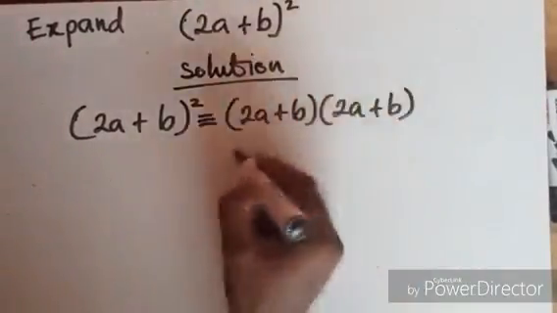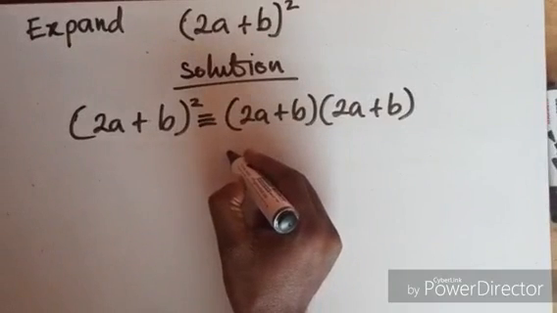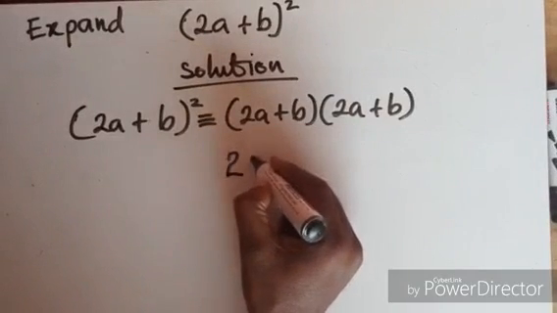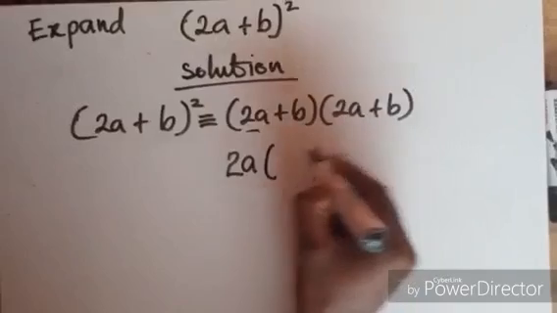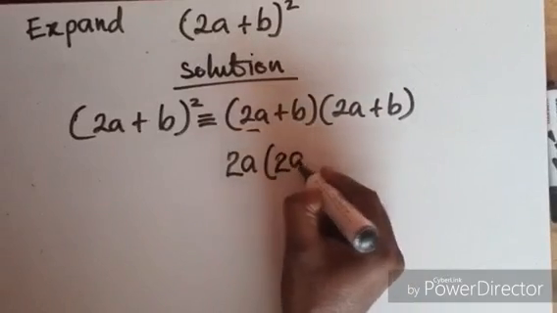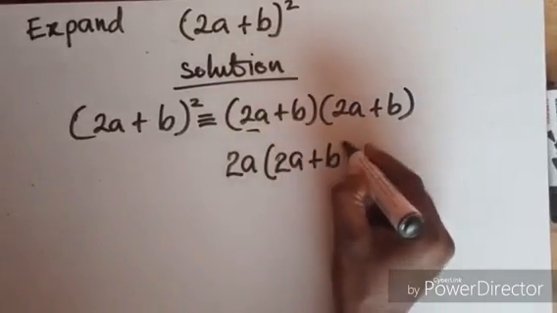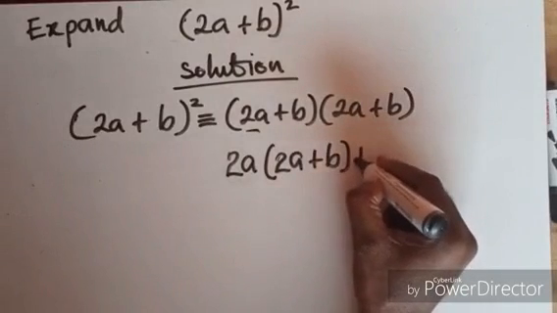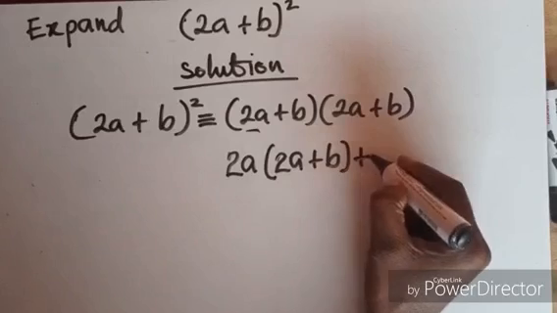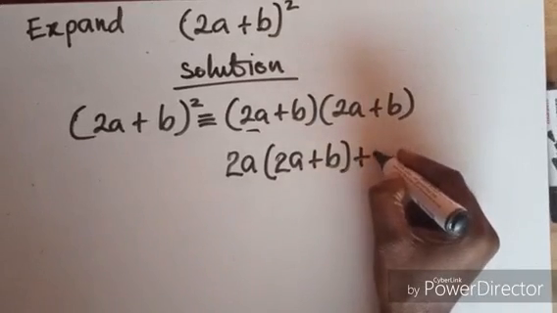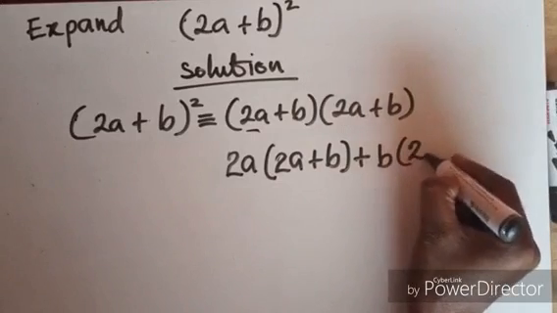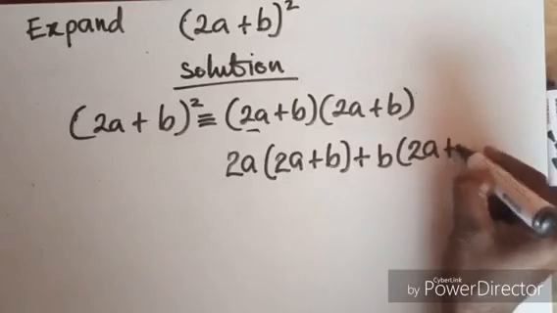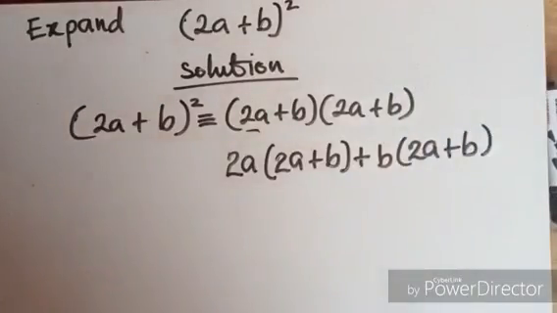In expansion, we are going to take 2a, that's the first term, which is going to multiply out 2a plus b. The same thing also coming from here, b out, we got 2a plus b. So I can now expand the bracket.